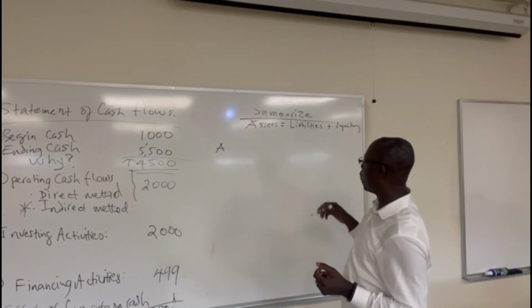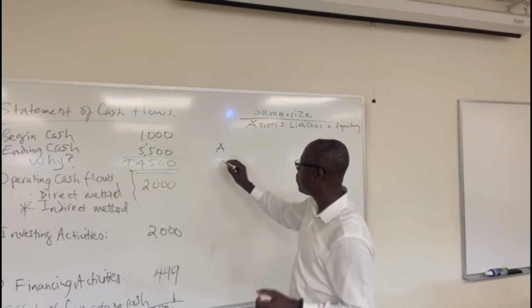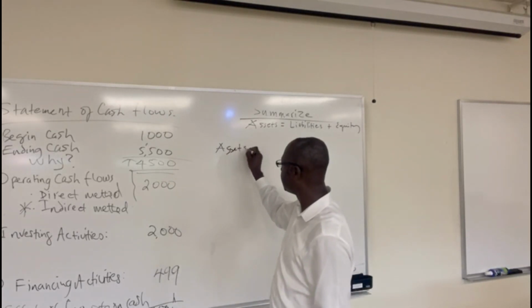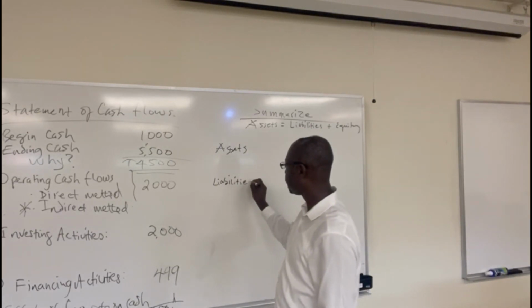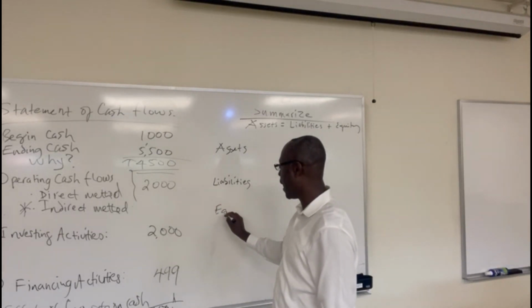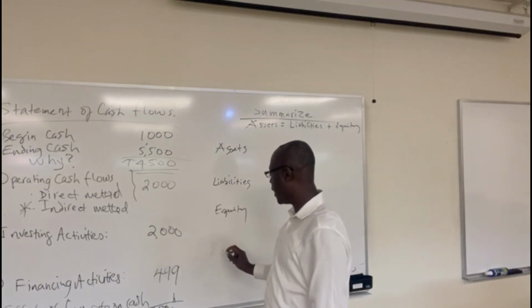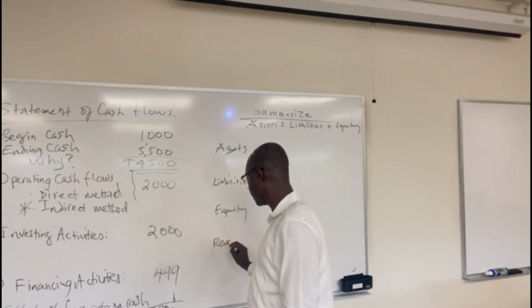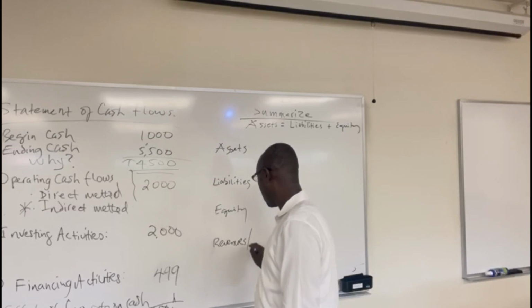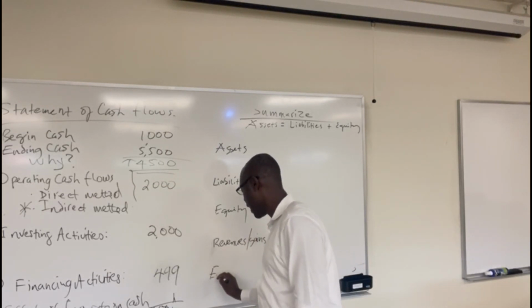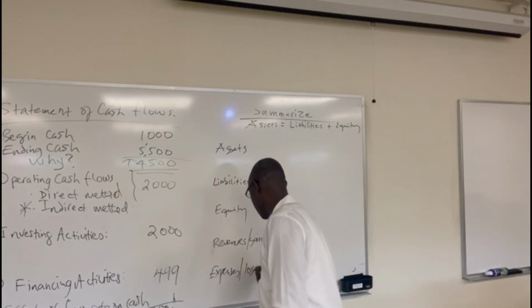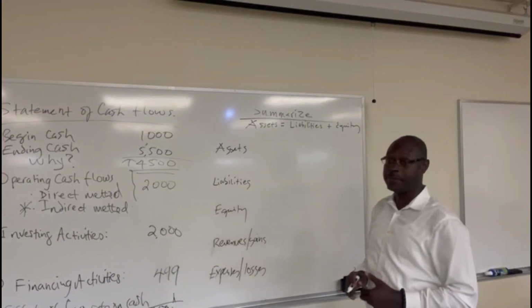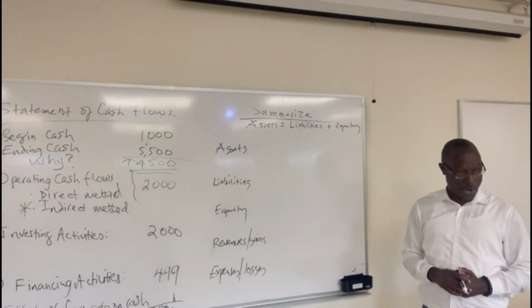In order for this to work, we need to understand what we mean by assets, liabilities, and equity, and then revenues or gains, and we need to understand expenses or losses.